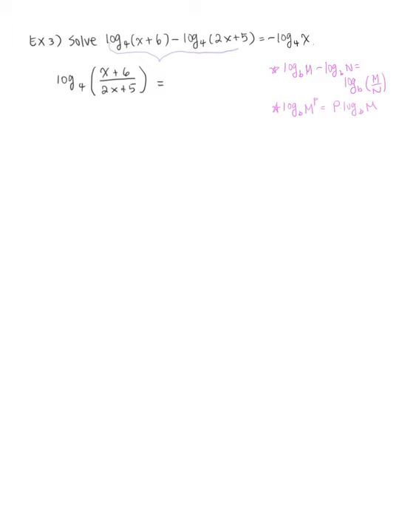Okay, so here I could rewrite this as log base 4 of x to the negative 1. Let me just put parentheses so that you can see which is the argument and which is the base. All right, now we have this situation, right? We got log base b of m equals log base b of n. This implies that m must equal n, right?